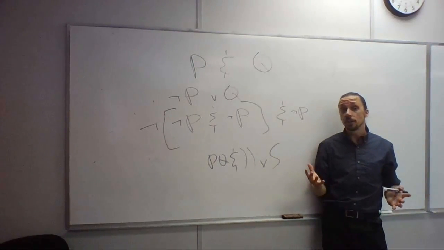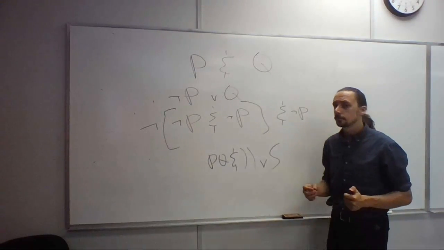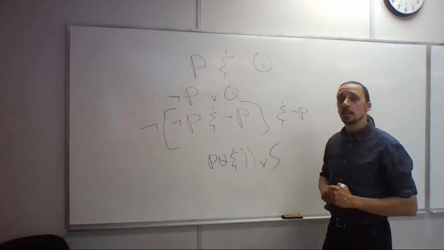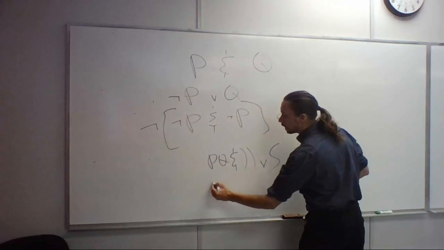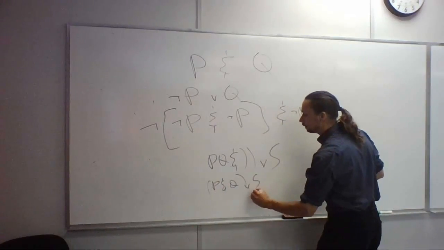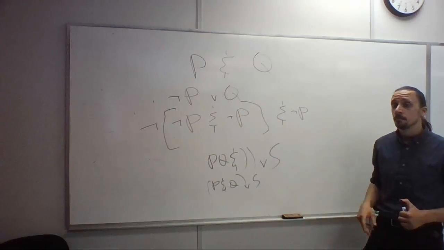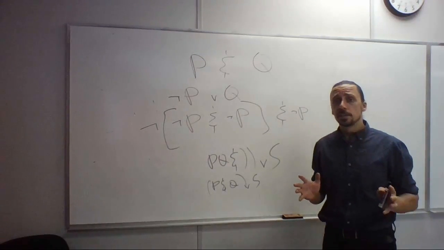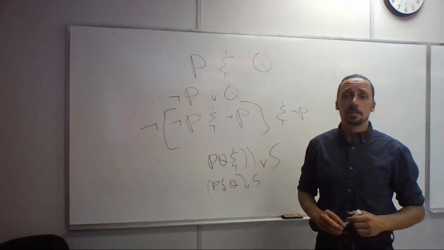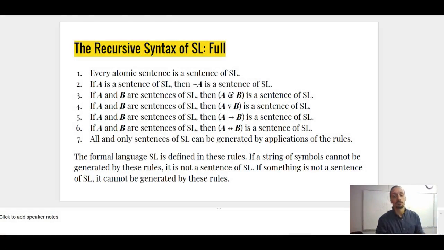There's also no way to generate this sentence using the recursive rules that we have. If you tried to use the rules to generate this, you wouldn't get even close. At best, the closest you might get would be P and Q or S. That's a grammatical sentence, but this one isn't. And interestingly enough, the recursive syntax of SL allows you to generate all and only grammatical sentences of SL. SL being sentential logic.